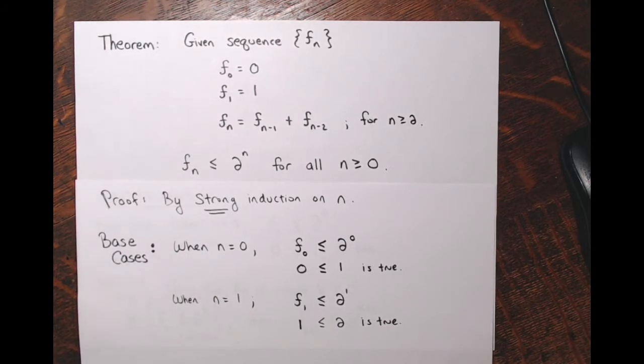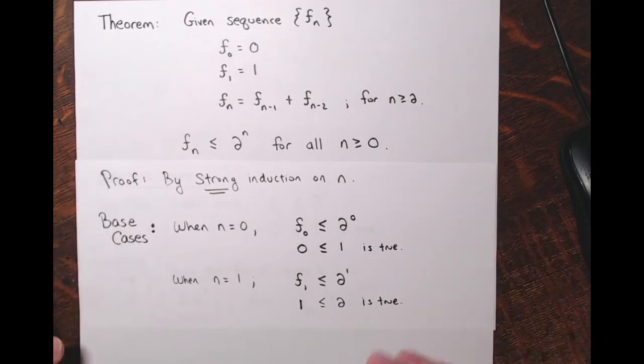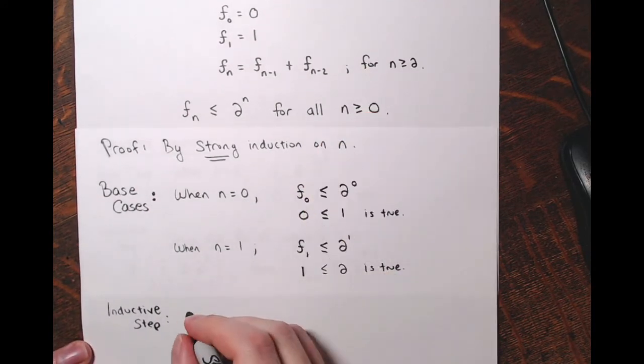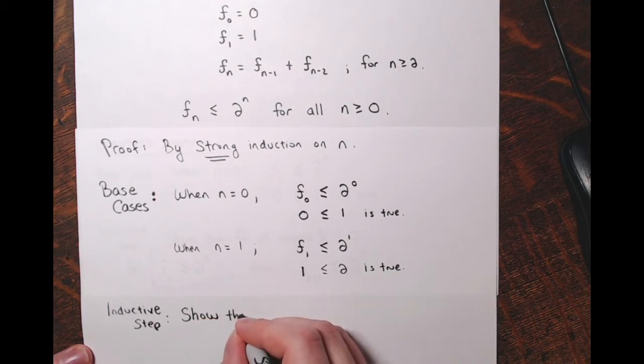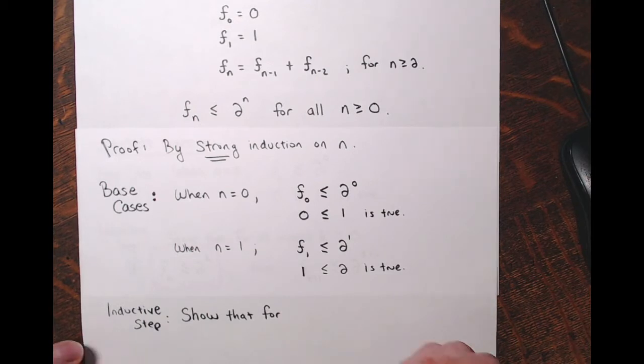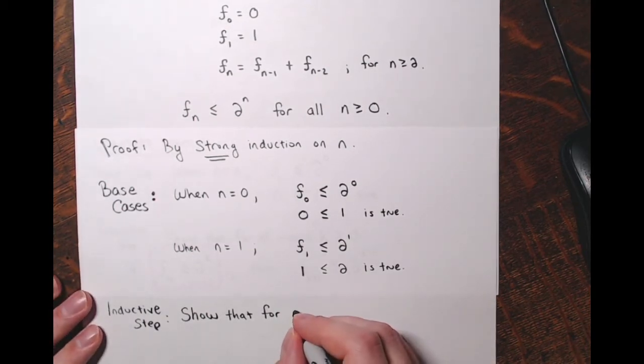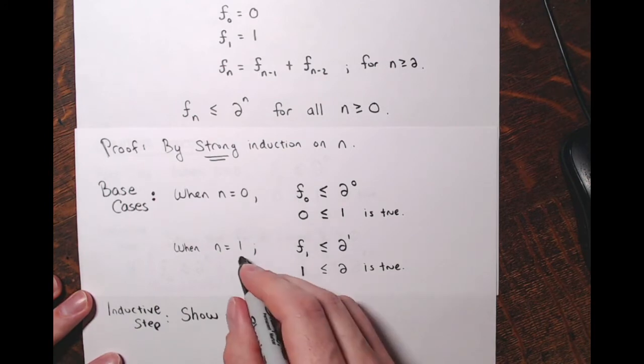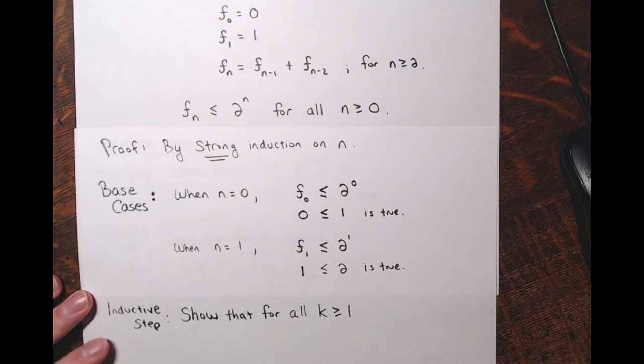All right, now, the inductive step. So we're trying to show that for all integers k greater than or equal to this last base case here, right?